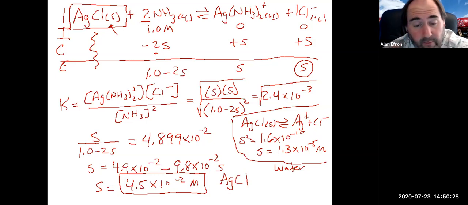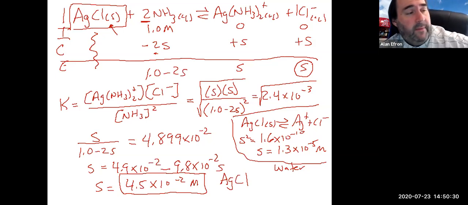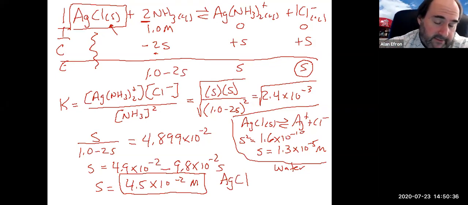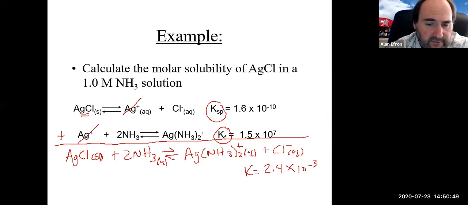And that is why when you do that part in group number 1, you use ammonia basically to rip out the silver from the solid, because once that ammonia is present, it is very much wanting to form that complex ion because of that KF value. So the formation of a complex ion wants to happen.